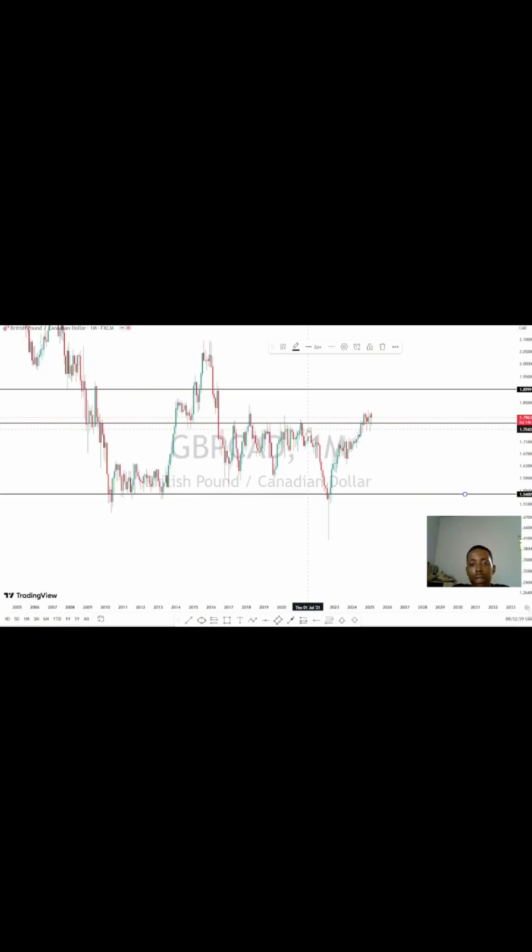Yes, the market pushed all from here, from this point down to this point, rejected with a very strong monthly hammer candle.